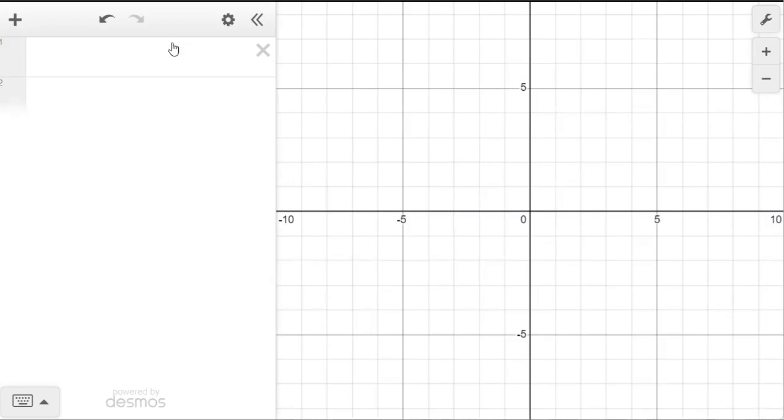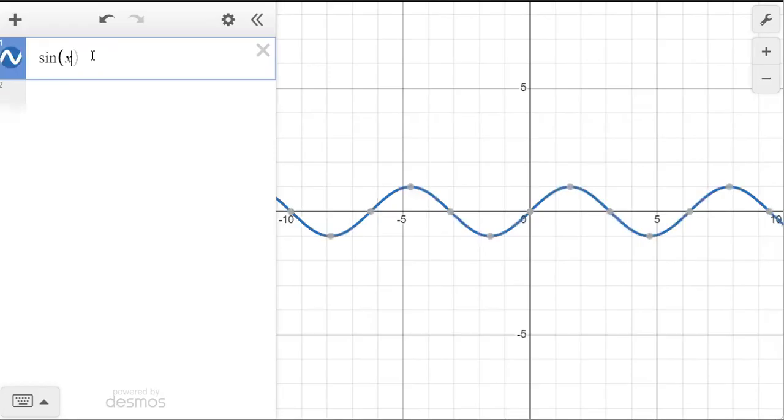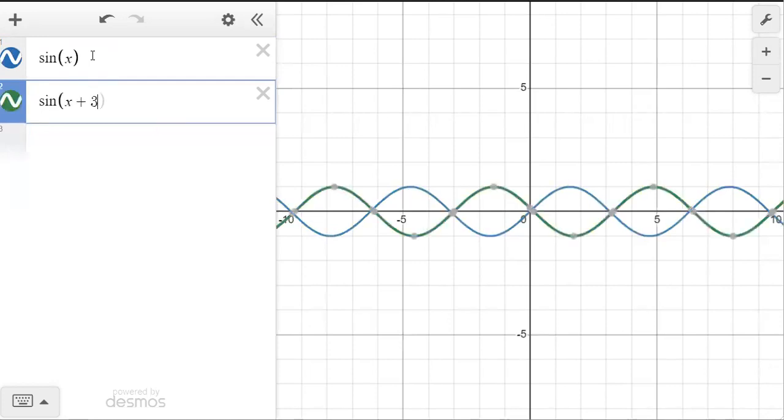Now I will take some trigonometric function. Let me take sine of x. You see the graph of sine x first. Now to draw the sine of x plus 3, x plus 3.